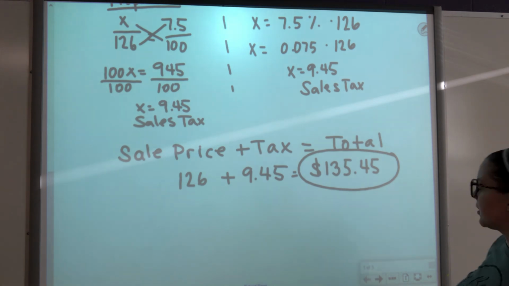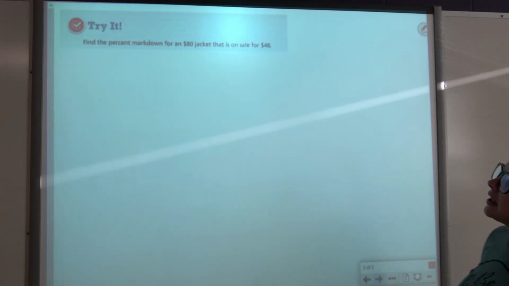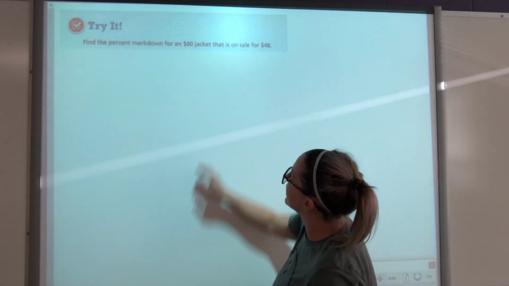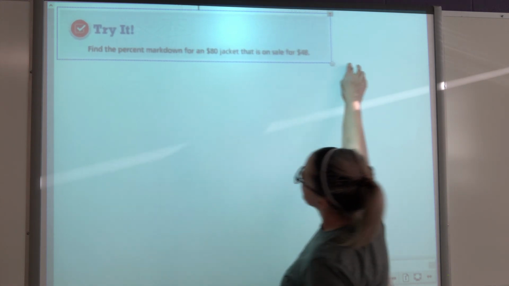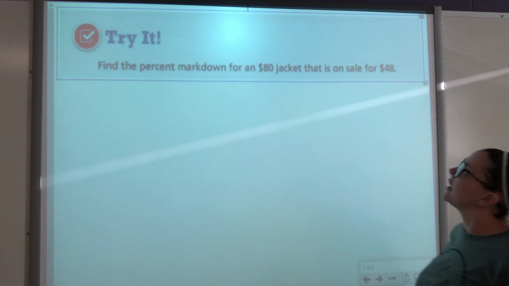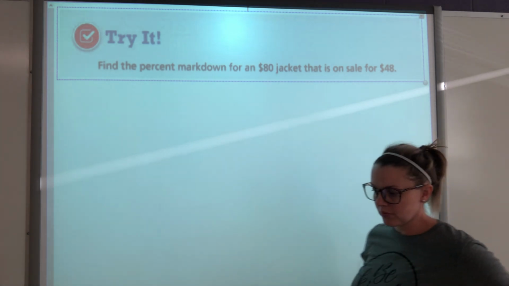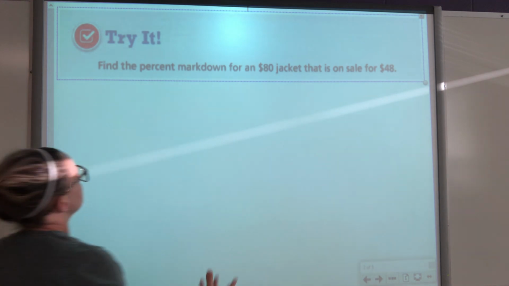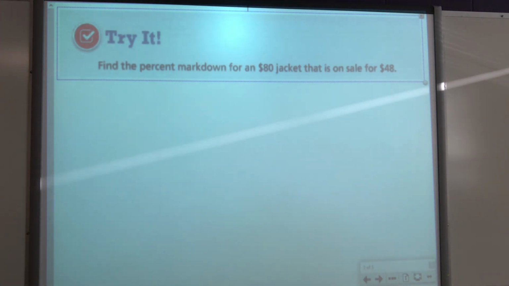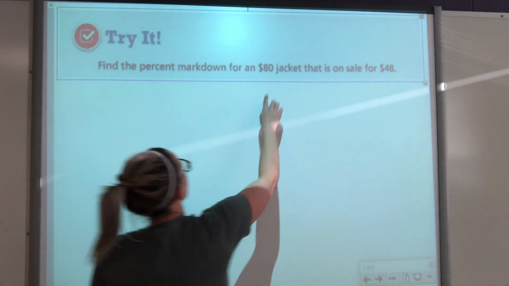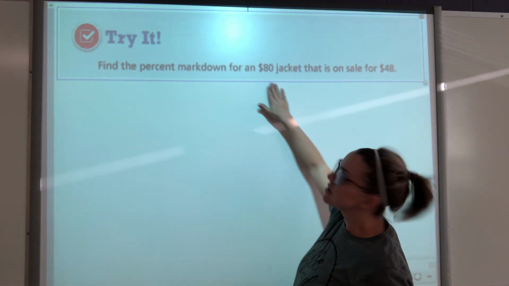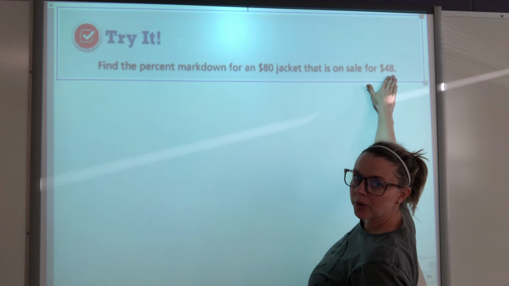The second problem we're going to go over is going to be finding the percent markdown for an $80 jacket that is on sale for $48. So when we're looking at this problem, we know the original cost and we know the sale price.